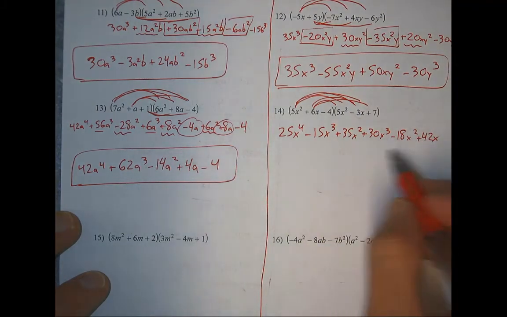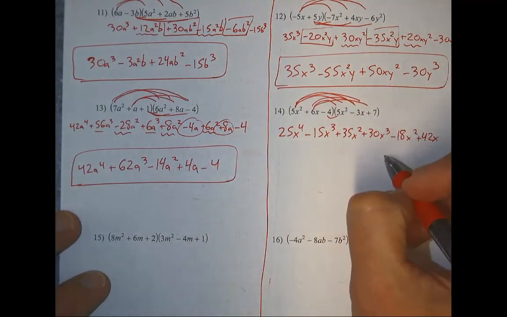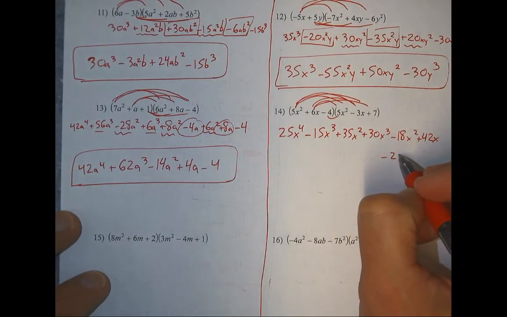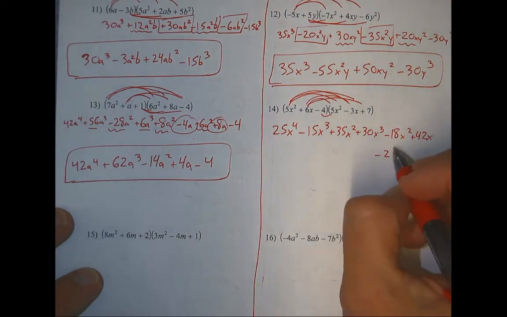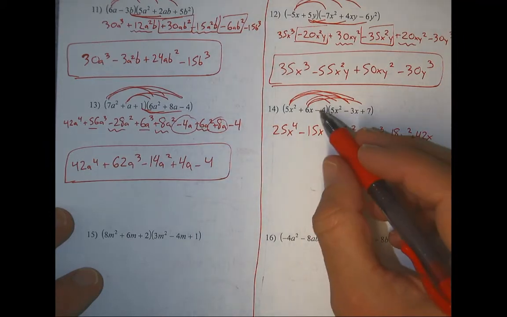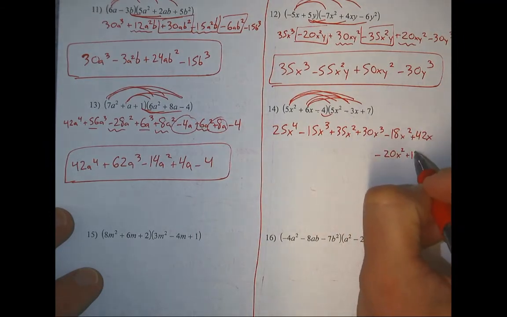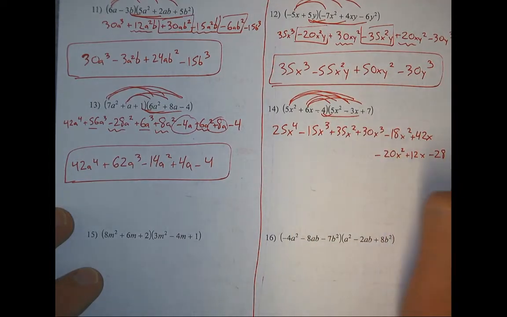Now you can see I'm going to run out of room, so I'll just go here, but just knowing that I'm going to combine all of it here. So I'm not stacking this under. Okay, I'm just continuing my line of work. Negative 20x squared. Negative 4 times negative 3 is positive 12x. Multiplying here, that's negative 28.